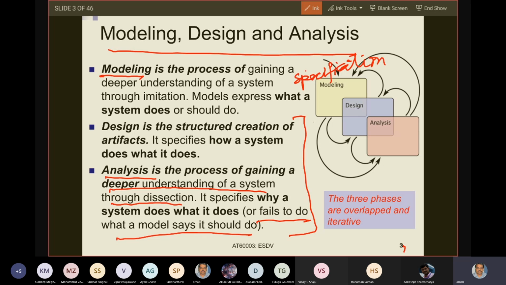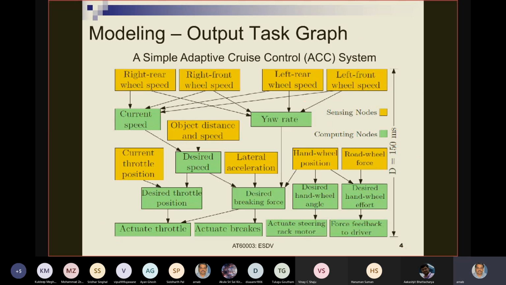So therefore there is a problem with the how. You have also designed the how, but there is a problem with the how. Now you have to analyze and find out that there is a signal that is missing. So therefore you are gaining a deeper understanding of the system through dissection, and therefore it is part of the analysis. Okay, with this introduction, we go into the topic we want to study: hardware software partitioning.